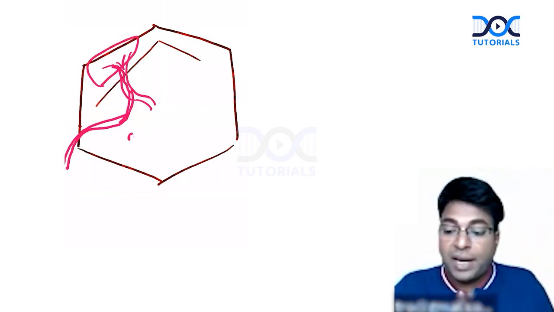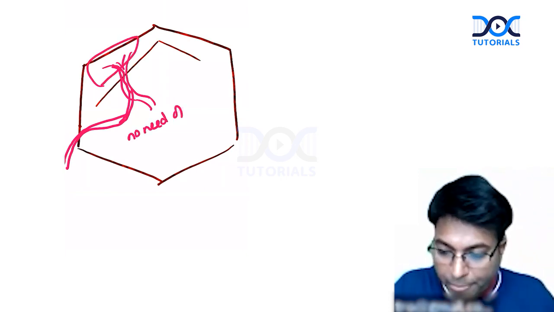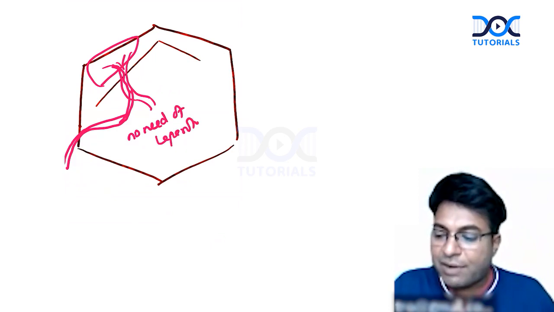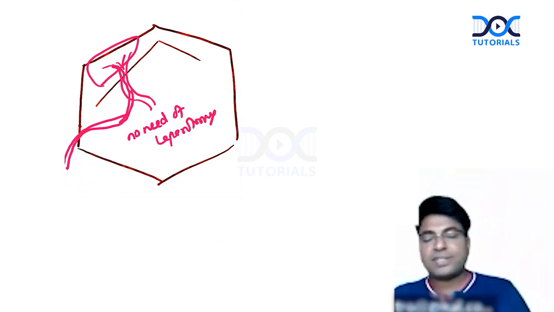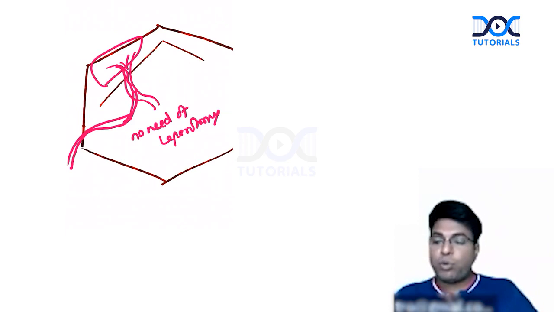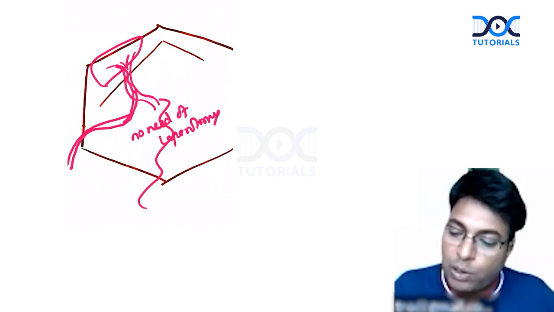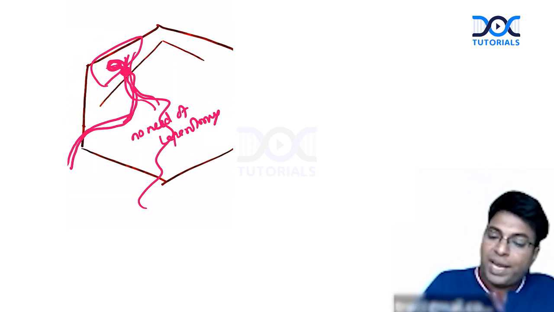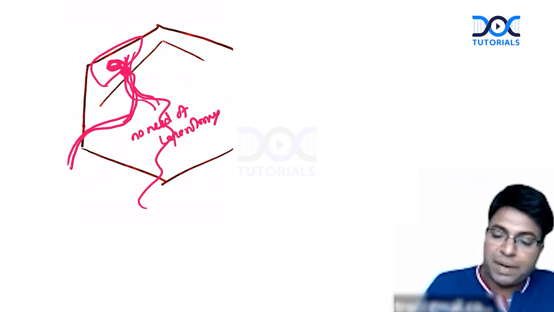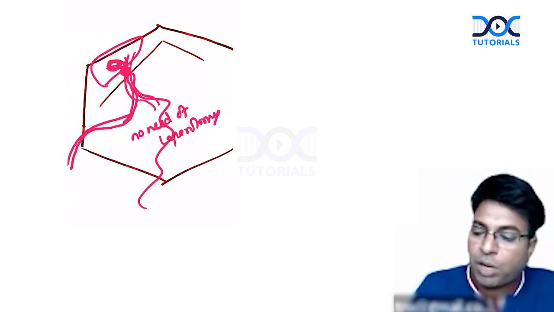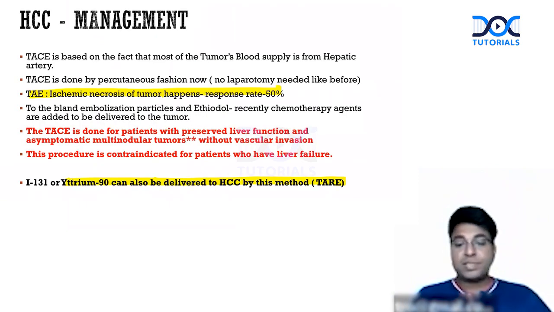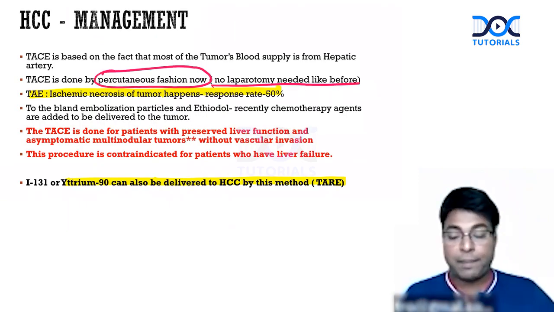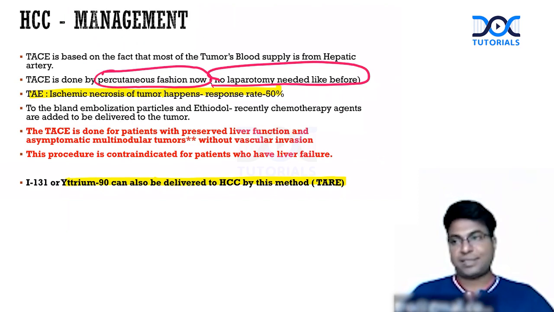Now it is not needed, no need of laparotomy now. The radiologists have excellent interventional facilities. They enter through the femoral artery, cannulate the hepatic artery, and do it by percutaneous fashion now, no laparotomy needed like before. This is a very interesting new point. Please don't forget, percutaneously we can do the case.